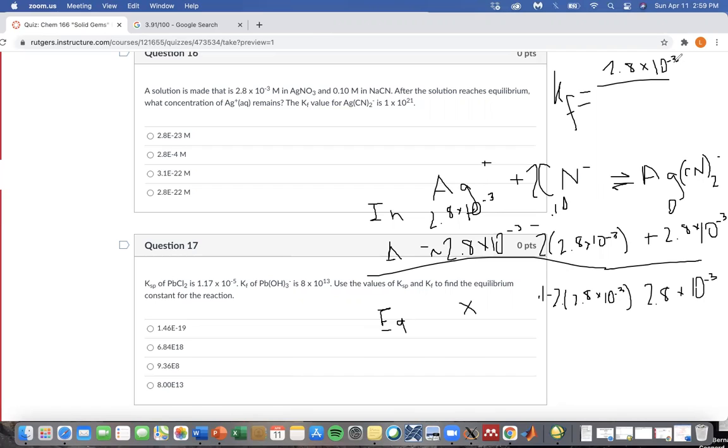If you do 0.1 minus 2.8 times 10 to the negative third, times 2, you'll get 0.0944, and then you would square this value because it has a coefficient of 2, and then you'll multiply by x.